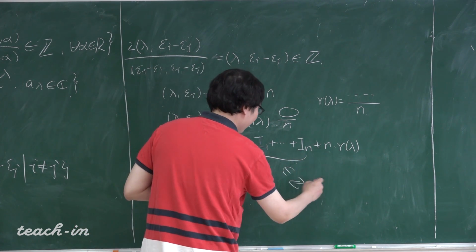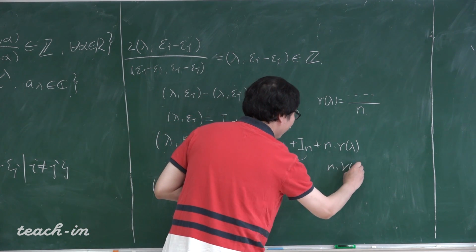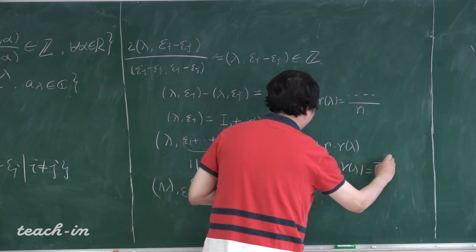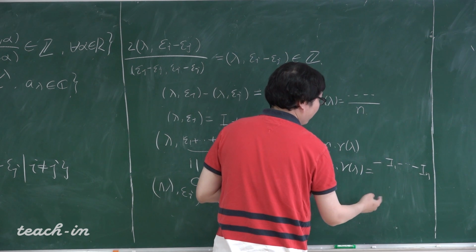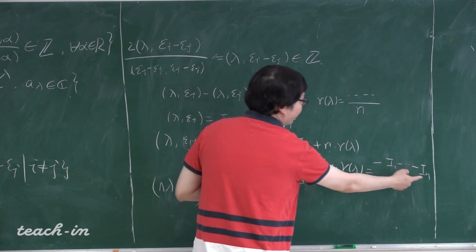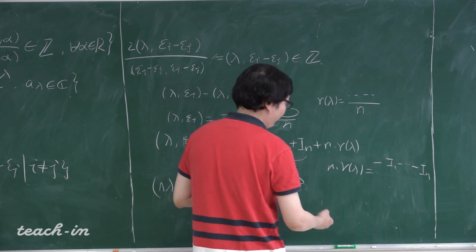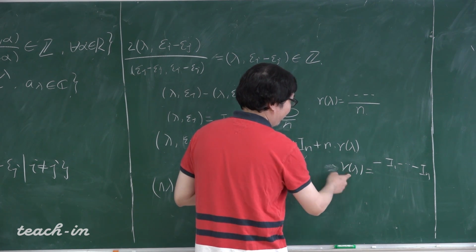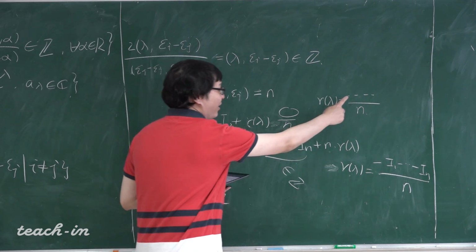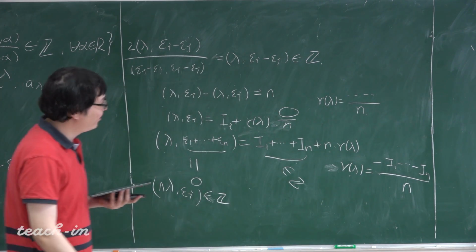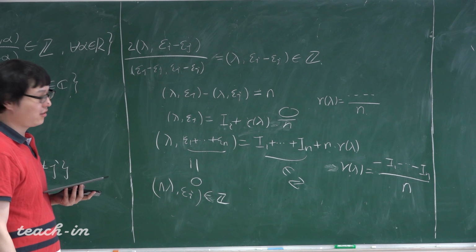So n times r lambda equals minus I1 minus in, but these are all integers. That's our assumption. And so our r lambda is this one, some integer depending on lambda.